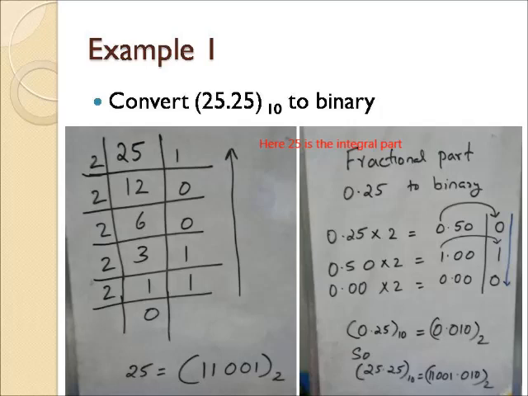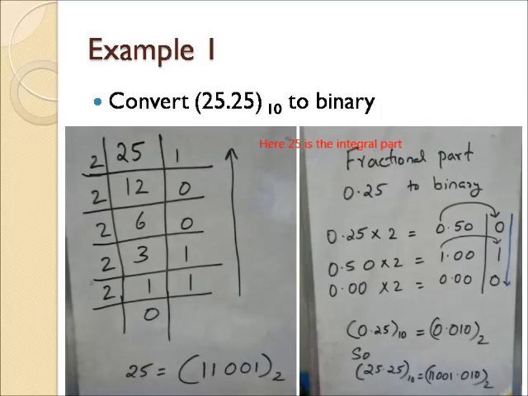Now look into the fractional part. In the fractional part, we do continuous multiplication with 2. In the integral part, we did continuous division by 2. Here we are doing continuous multiplication by 2. So 0.25 into 2 gives 0.50.